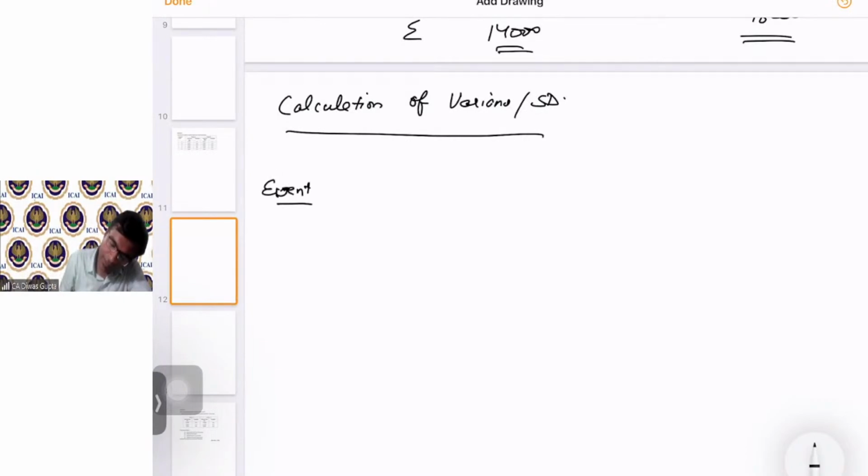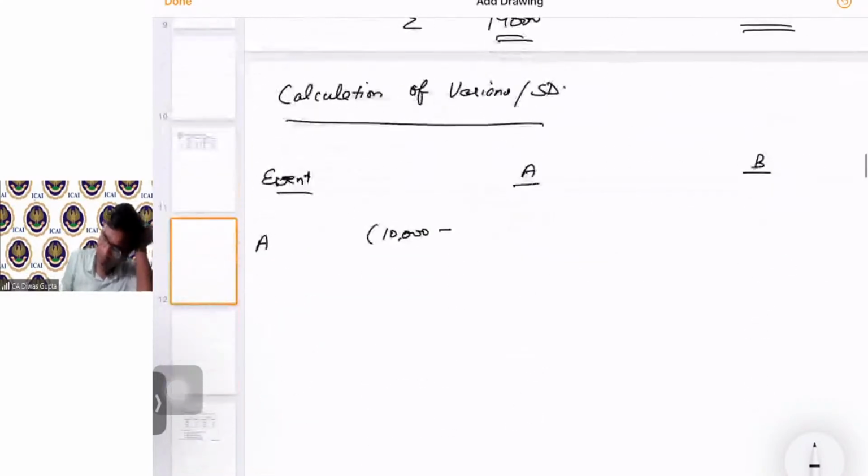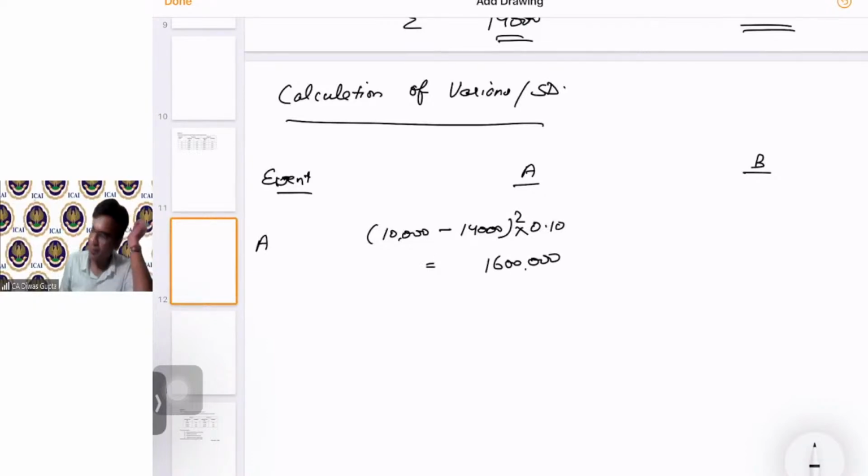Here we have event for project A and project B. So event is A. In event A, we have 10,000 minus 14,000, which is the mean, right? Raised to the power 2 multiplied by 10%, which brings us to 16 lakh rupees.